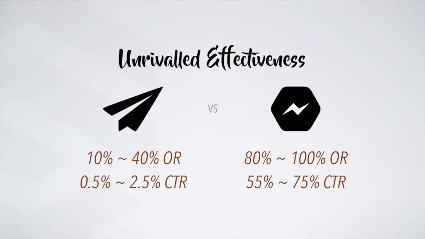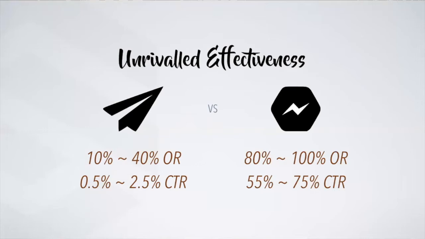One of the most important things that you need to understand about Messenger bot as compared to email marketing is it has an unrivaled effectiveness in terms of open rate and click-through rate. For instance, with email marketing, we will be very happy and very lucky if we get a 10 to 40% open rate.